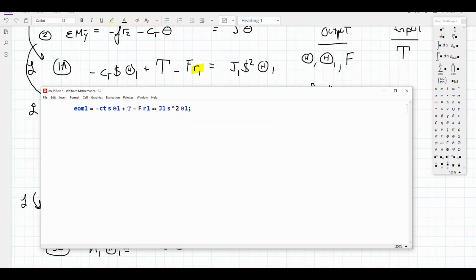Okay, so that is my first equation of motion coming from that first free body diagram. And now I have it entered into Mathematica.